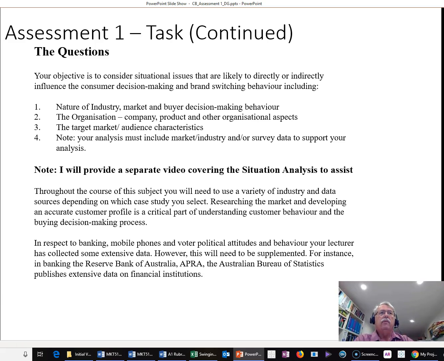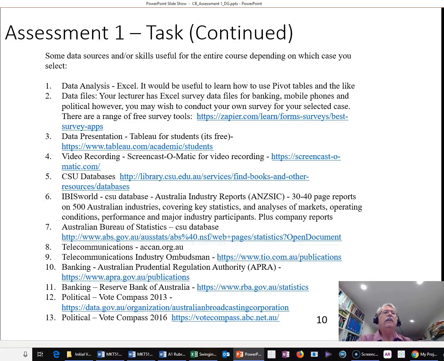One of the critical things during this course is that you're going to need to look at a variety of industry and data sources depending on which case you select. If you're looking at finance, it might be the Reserve Bank of Australia or APRA or the Australian Bureau of Statistics, which covers data on these areas. And in your unit outline and also in the separate document I provided, there are, for example, some of the databases.